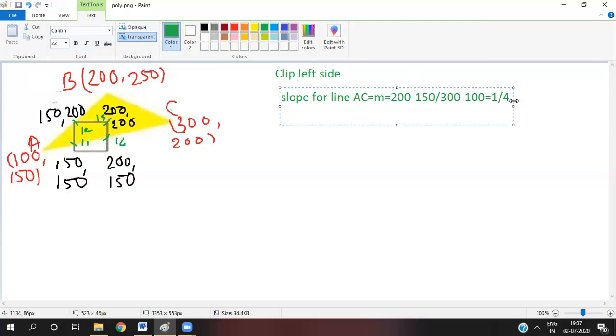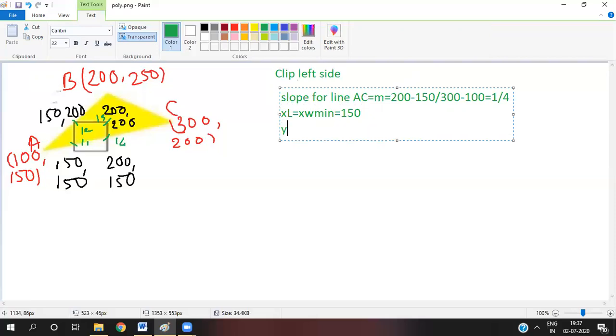Now in this case, the left hand side point for I1 is XL, which is nothing but XW minimum, the window minimum coordinate, and that is 150.